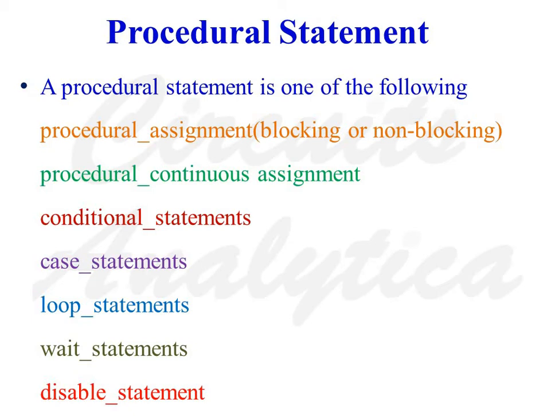Procedural statement. A procedural statement is one of the following: procedural assignment, which can be blocking or non-blocking, procedural continuous assignments, conditional statements, case statements, loop statements, wait statements, and disable statement.